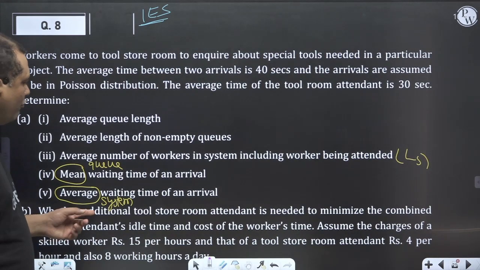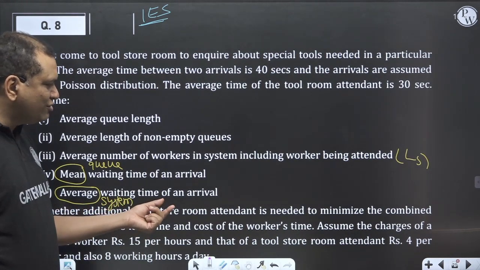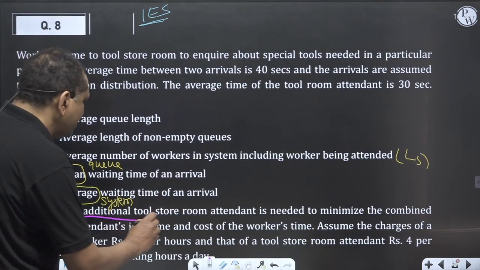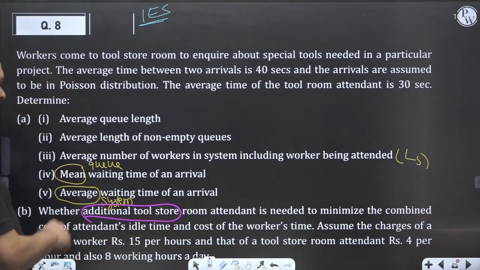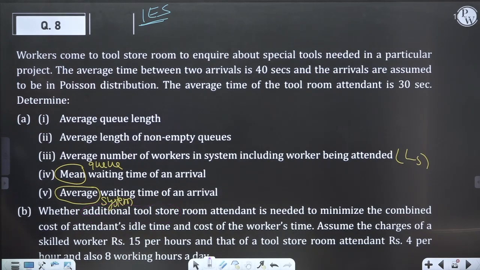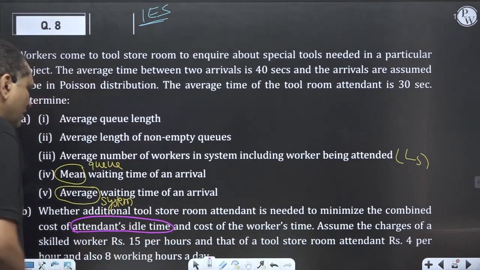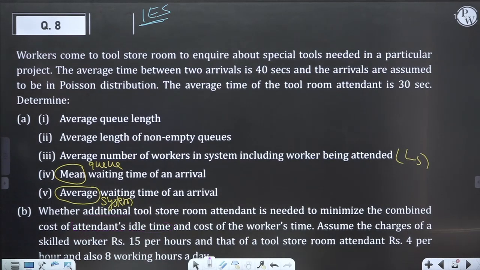Whether an additional tool room attendant is needed to minimize the combined cost of attendants' idle time and the cost of workers' time.